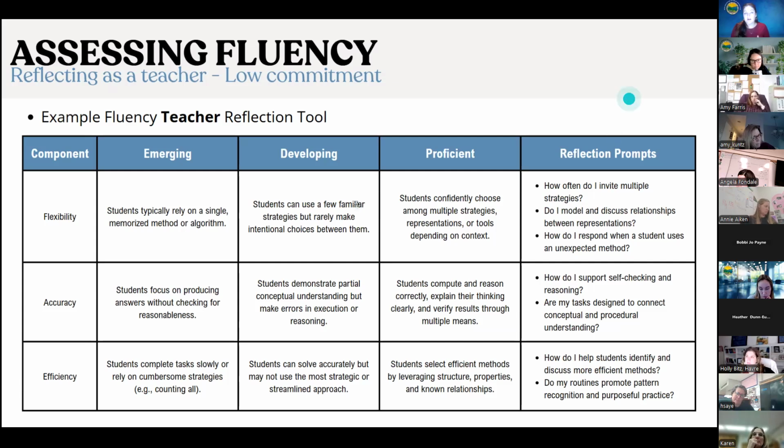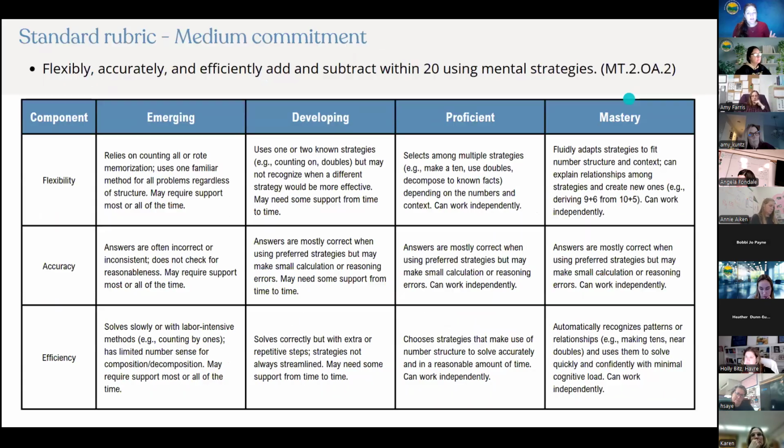Some schools will also make an actual rubric based off of a standard that's tied to that fluency piece. So lots of different ways to make rubrics. We showed you some examples in the second session and the third session as well. But this is an example with this specific standard in mind with those three components.